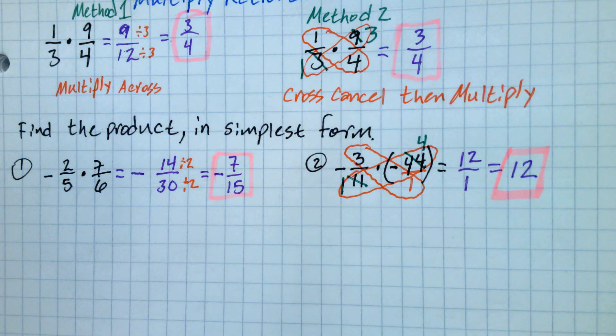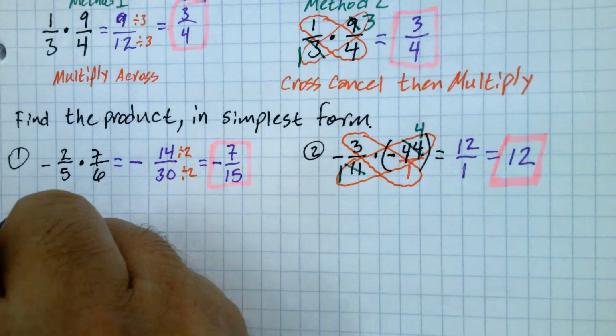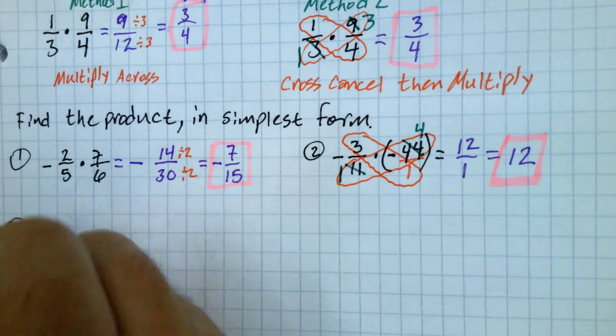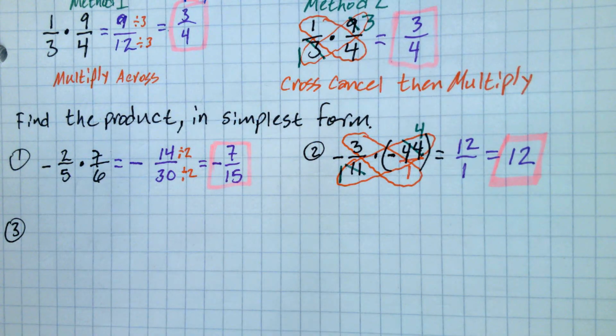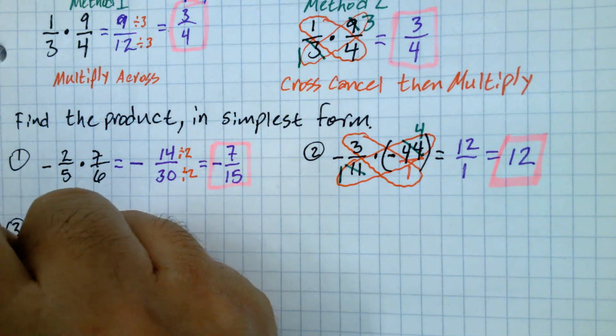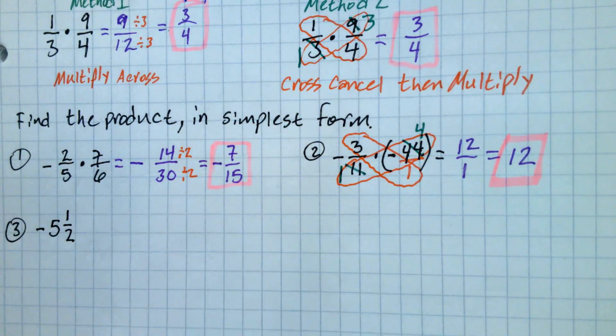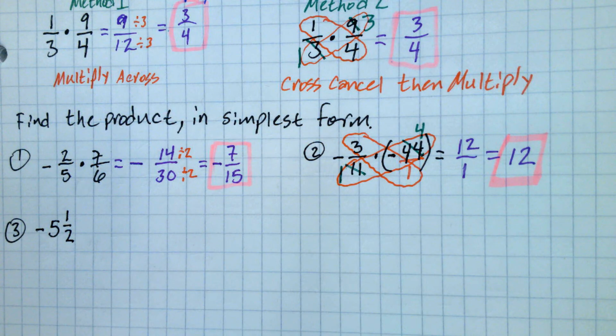Okay. So I think it's time to throw in maybe some mixed numbers in the mix. Number 3. Okay. Let's do negative 5 1/2, and we're going to multiply that times 2/11.